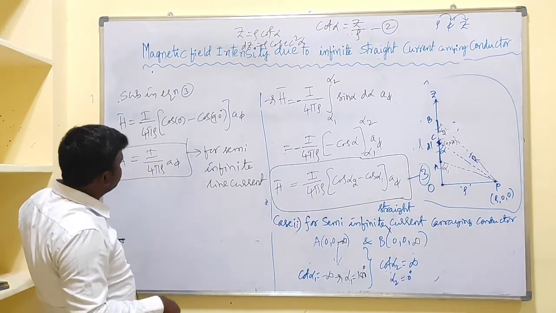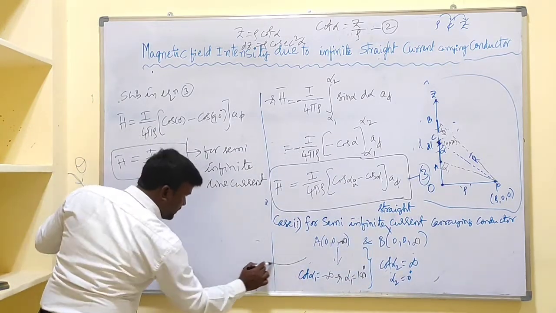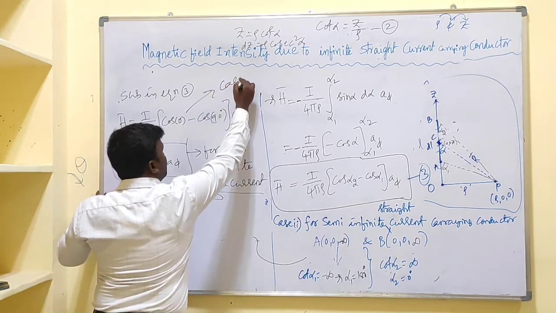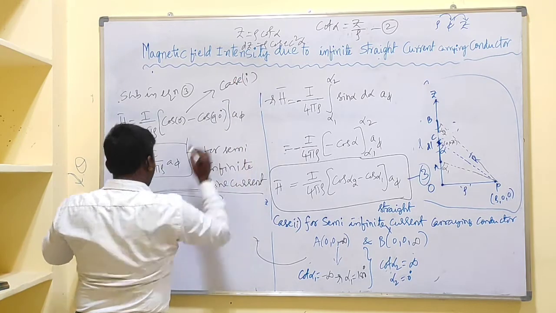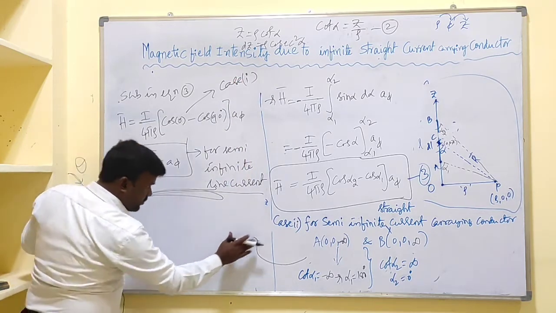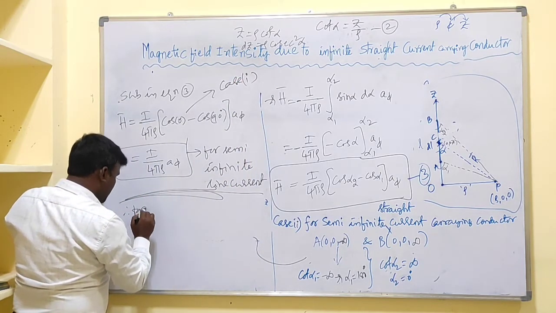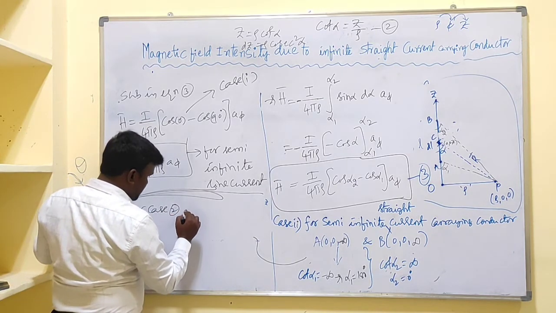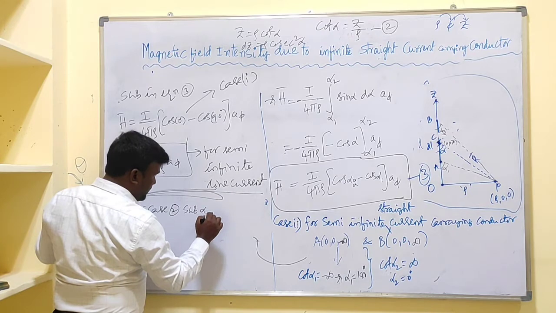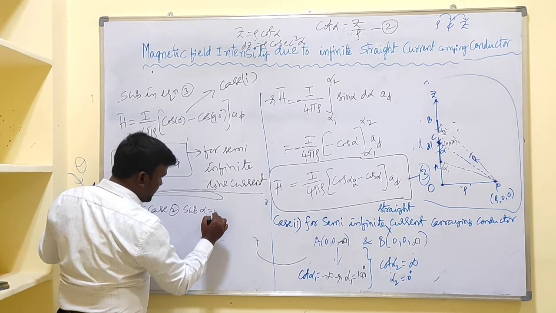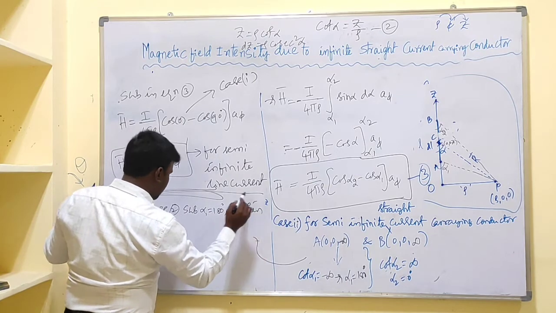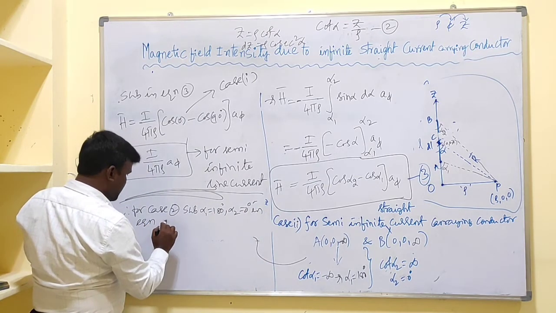This is the substitution for case 1, and now go for case 2. Therefore, for case 2, substitute alpha 1 equal to what? 180 degrees, and alpha 2 is 0 degrees in equation 3.